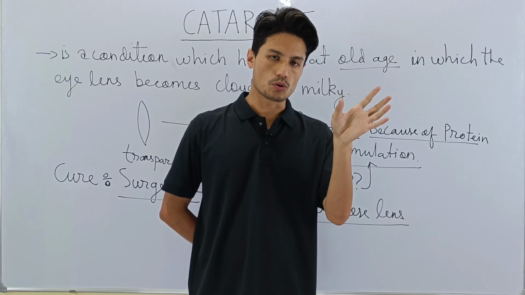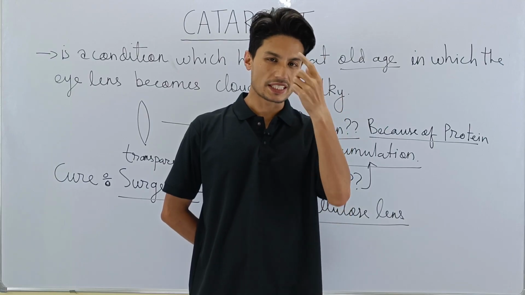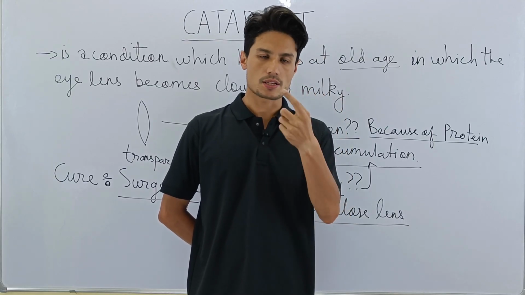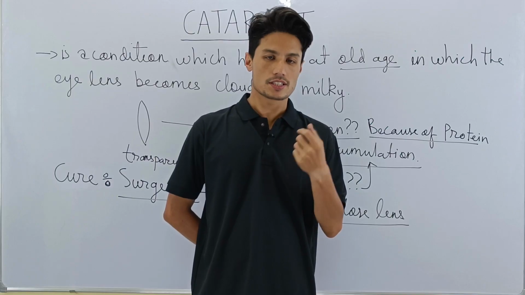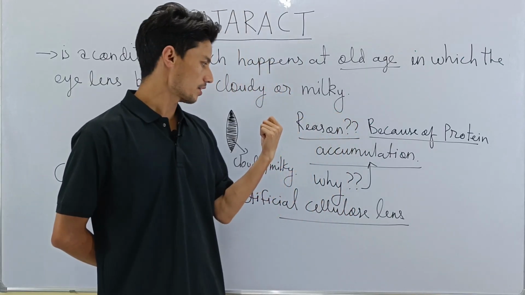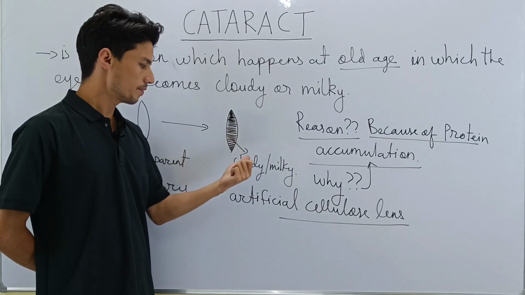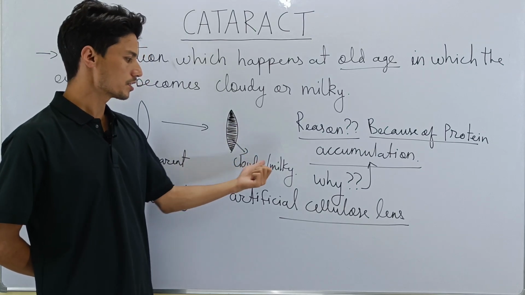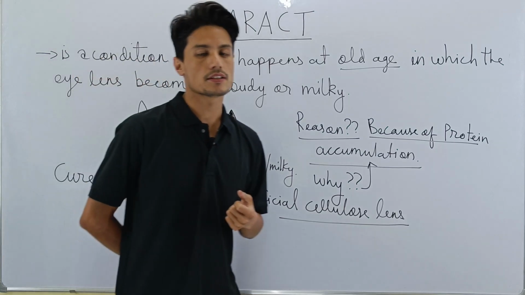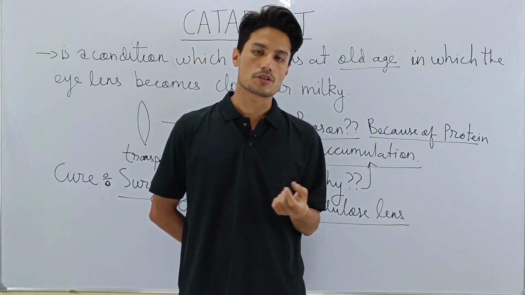But in old people you will see a whitish substance being accumulated. This is cataract. That will definitely be cataract.